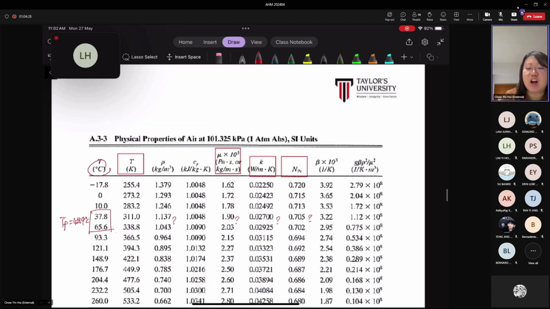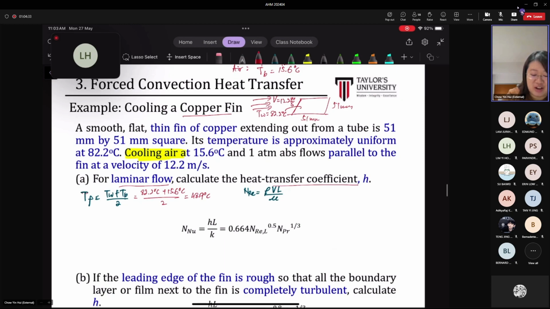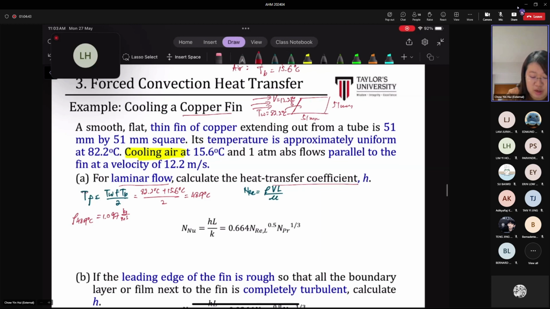So let's say we have done the interpolation. The density at 48.9 degrees Celsius should be around 1.097 kilograms per meter cubed. Viscosity should be 1.95×10^-5 kilograms per meter second. The Prandtl number should be 0.704, and the thermal conductivity is 0.028 watts per meter Kelvin.